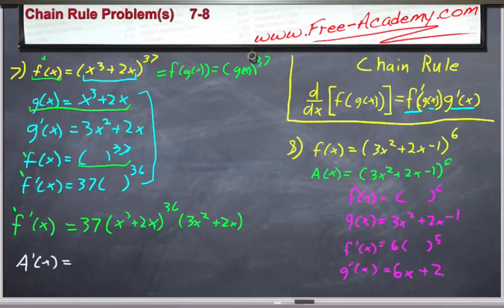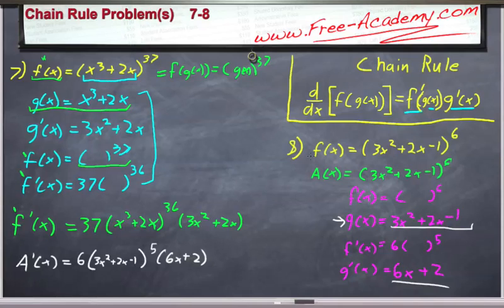We'll use f prime of x, which is 6 parentheses raised to the 5th power, and this is f prime of g of x. So now we plug 3x squared plus 2x minus 1 into this parenthesis. And then we multiply the whole thing by g prime of x, which is 6x plus 2. And that is our derivative of f of x here.